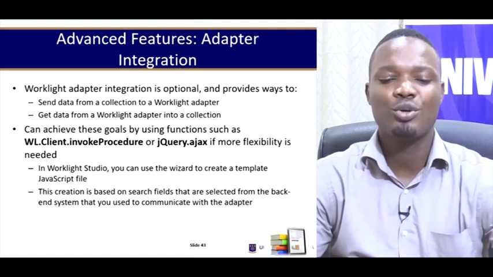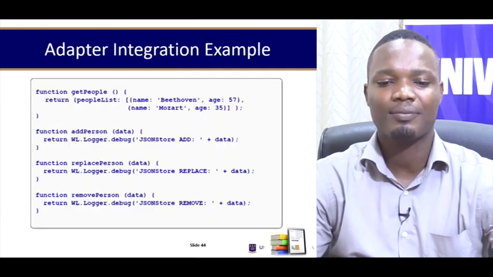In the Worklight Studio, you can use the wizard to create a template JavaScript file. This creation is based on search fields that are selected from the back-end system that you use to communicate with the adapter. We now have some code snippets showing us how that can be achieved.